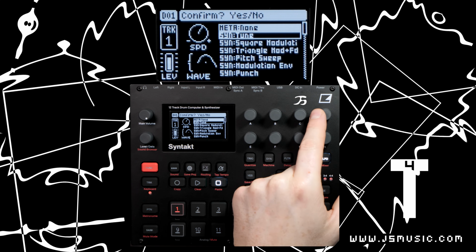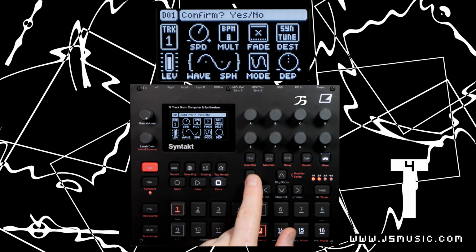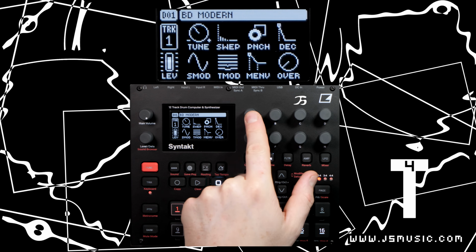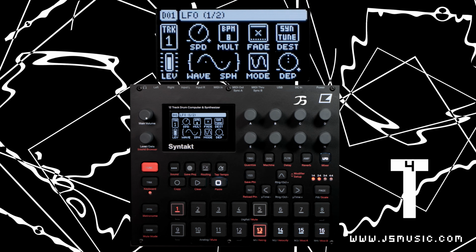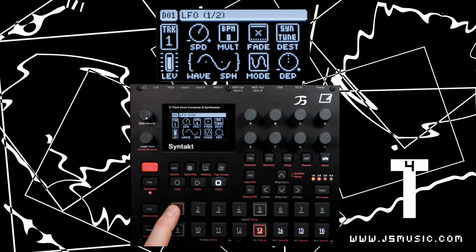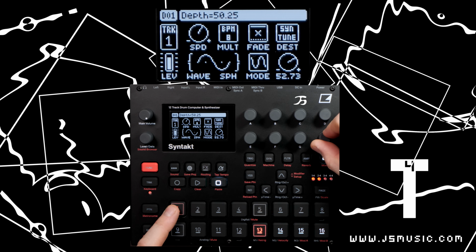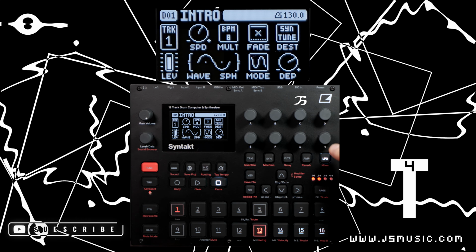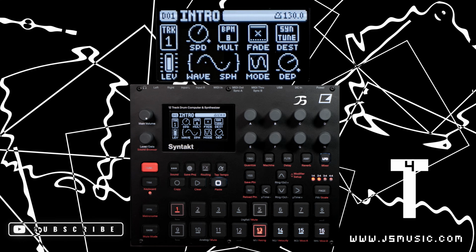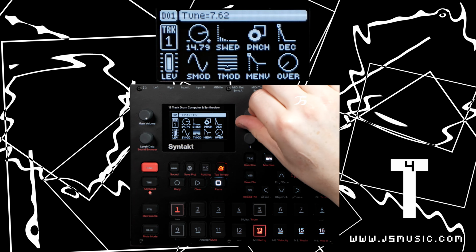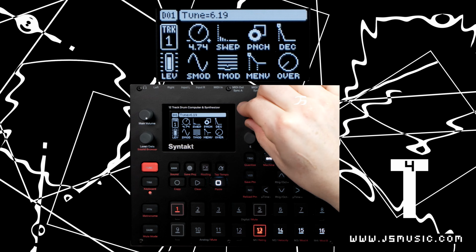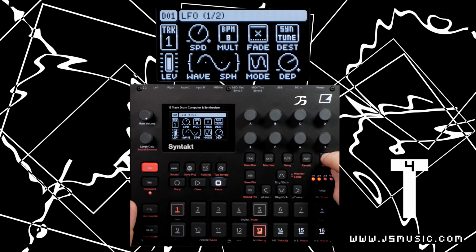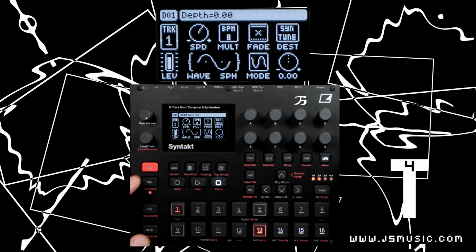For example, if I set it to the tune, I will click yes. That has now set this LFO to the tune, which is here. And then if we play a note and set the depth up, that is activating the waveform, and it is going up and down like that. So that's the destination.